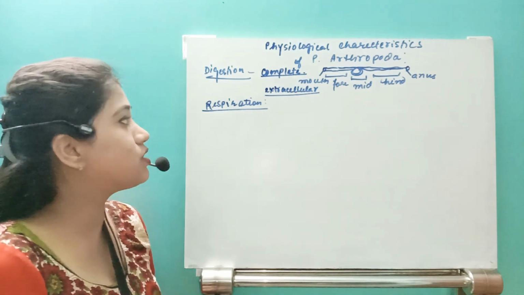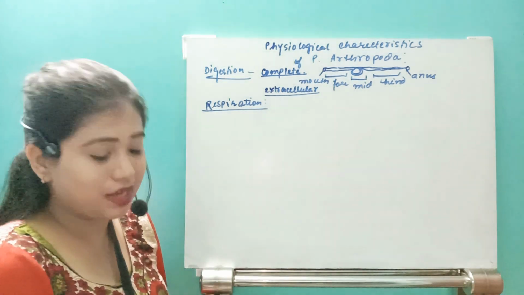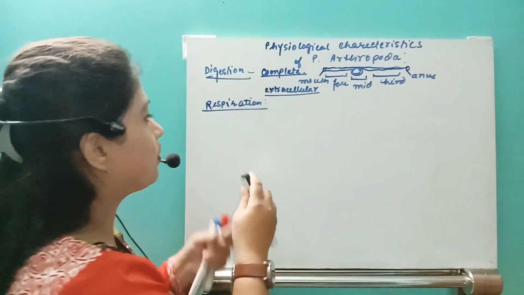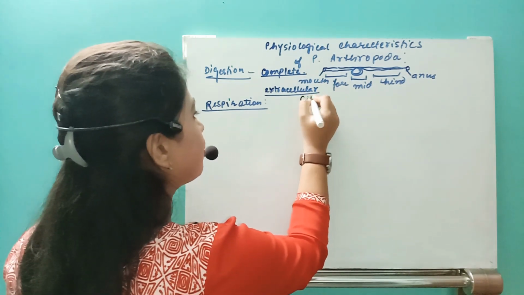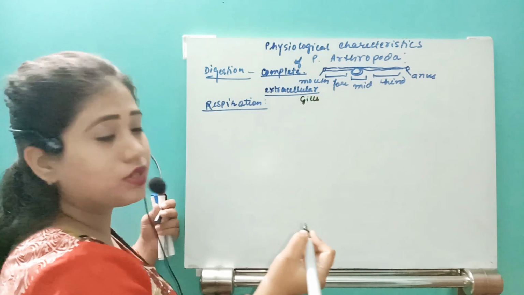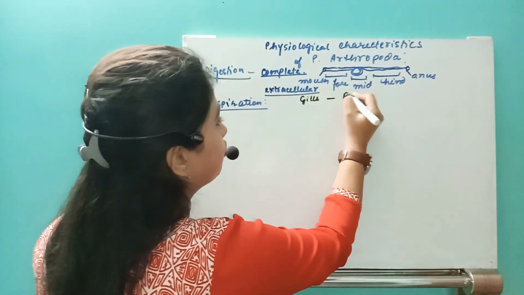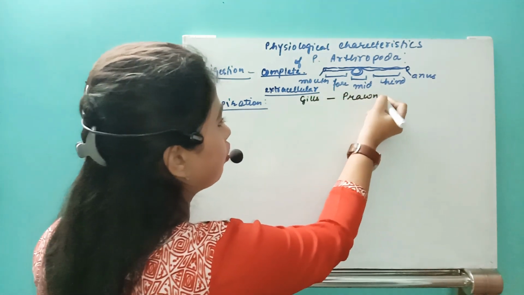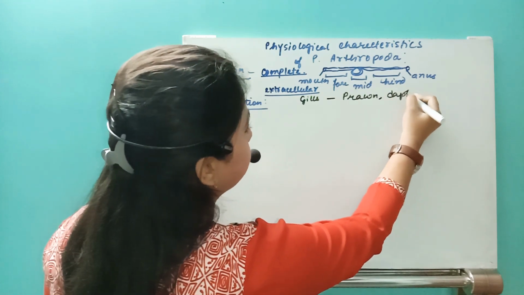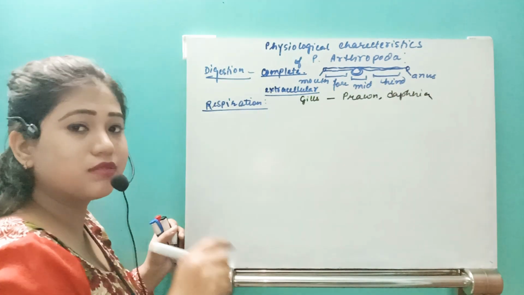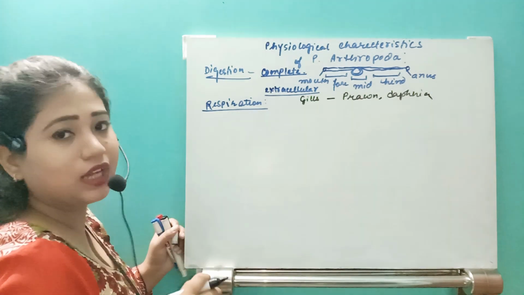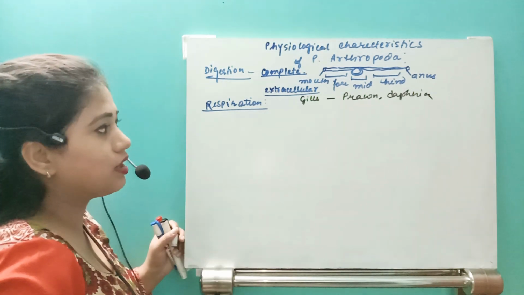So how many such types of respiratory organs are there? First of all, some species are going to have gills. Gills are present in aquatic organisms like prawn, lobster, daphnia. Those organisms which live in aquatic conditions simply have gills.